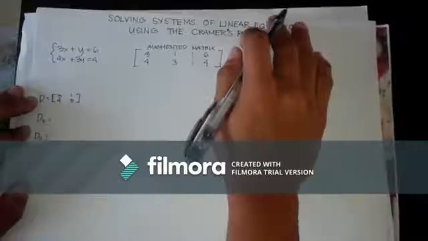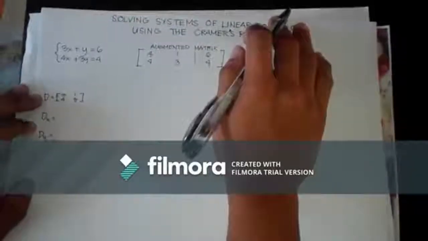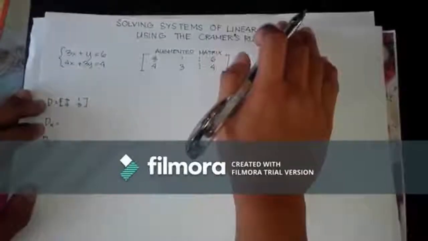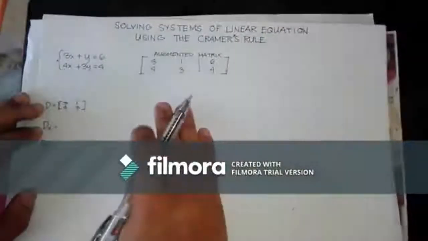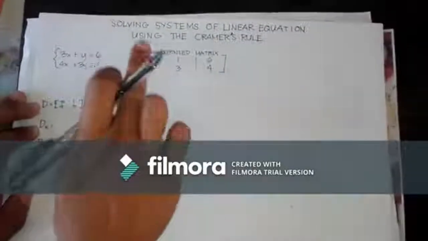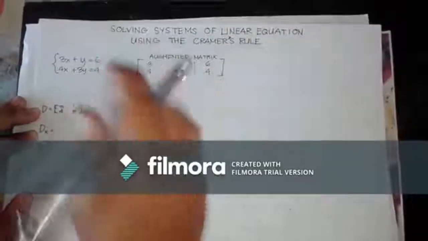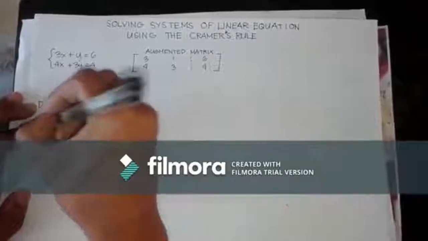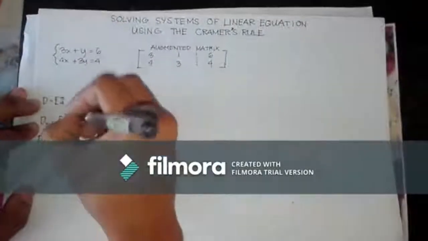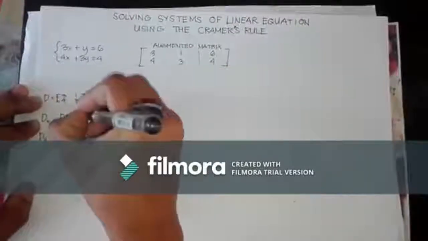Same thing when we want to find the value of d sub x. We need to cover the x coefficient part of the augmented matrix, and we will write down 1, 3, 6, and 4.